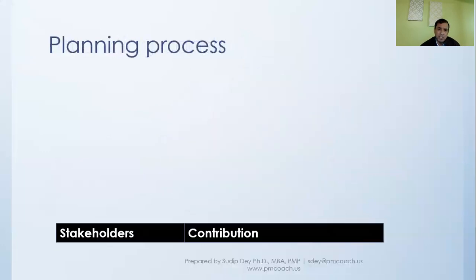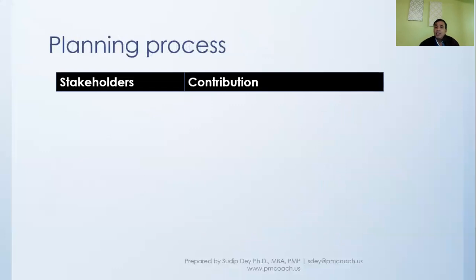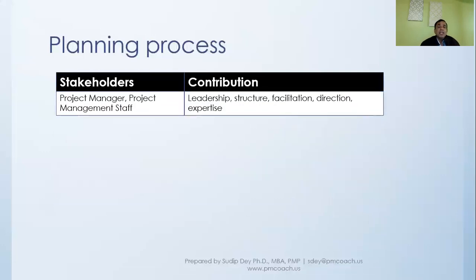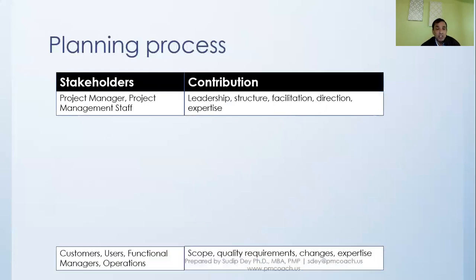Now, in the planning process, like we said, as a project manager, you are not going to do it alone. You will take contribution from many different stakeholders. Let's look at what some of the stakeholders contribute. For example, your project management staff will contribute in terms of leadership, structure, facilitation, direction, expertise.